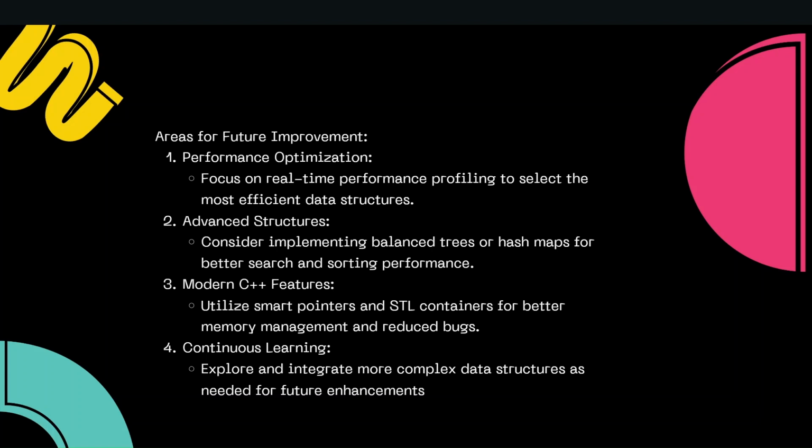Enhancing the code base with more advanced structures such as balanced trees or hash maps could improve the efficiency of operations like searching and sorting. Furthermore, incorporating modern C++ features such as smart pointers and containers from the standard template library, STL, would help ensure better memory management and reduce potential bugs related to manual memory handling.